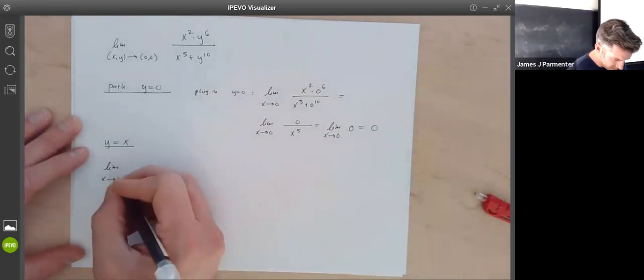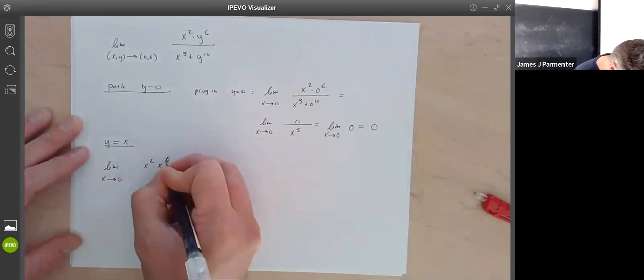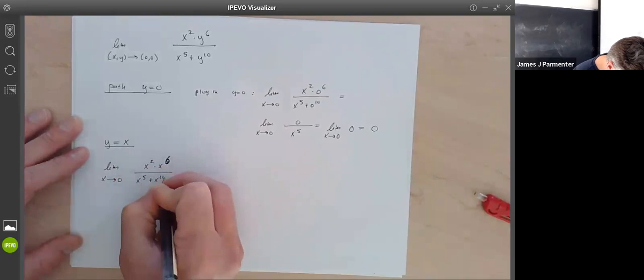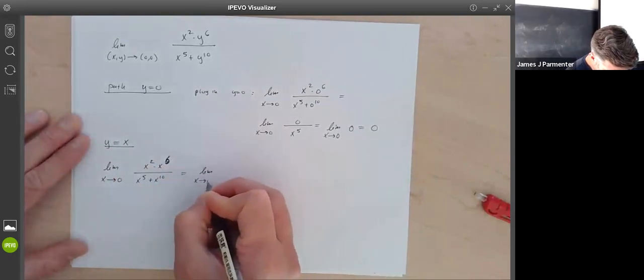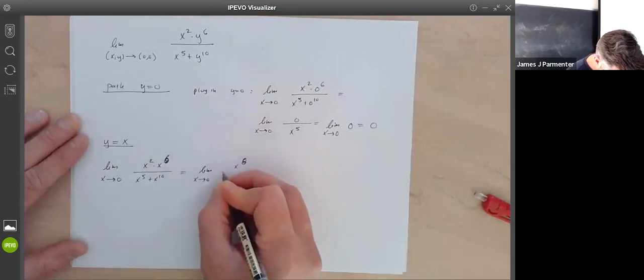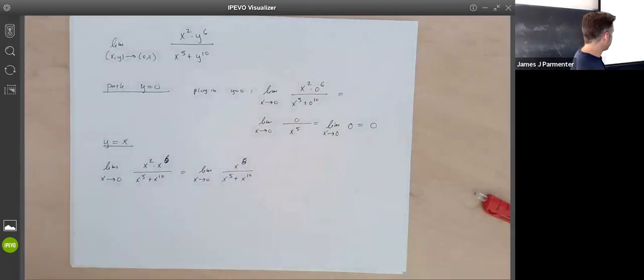So I'm going to take the limit as x goes to 0 of x squared times x to the 6th over x to the 5th plus x to the 10th. And the way you can evaluate something like this without too much trouble is by factoring out the biggest power of x that you can.